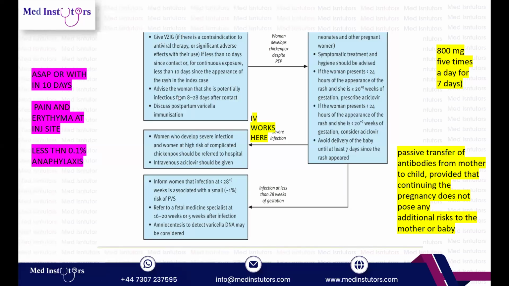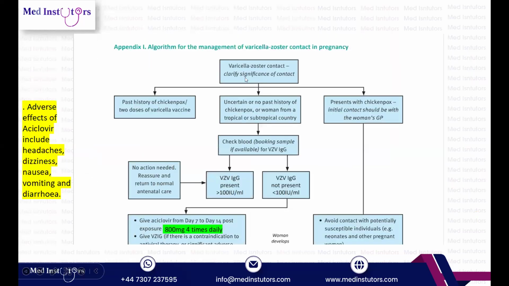No, my dear friends, as I said, when anyone has been exposed, you have to make sure whether she has immunity or not. If she says she had an infection previously in childhood, or has been vaccinated, just reassure her. But in cases where she is unsure, or belongs to areas where it is uncommon, we have to check her immunity.